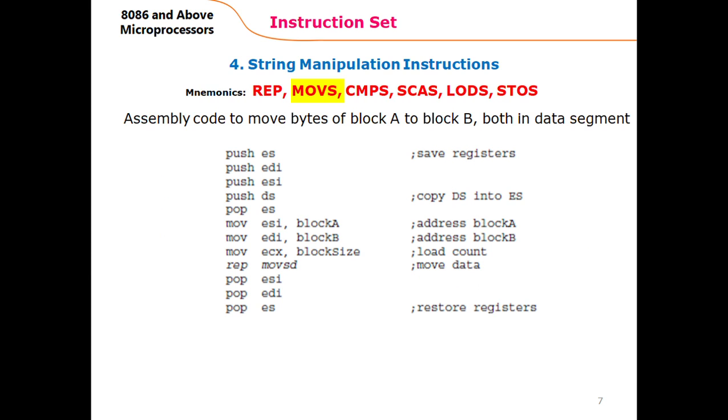Here we have a simple program or procedure that is responsible to move all bytes of block A to block B. So we have two blocks of string data, one represented with block A and the other represented with block B, and both of these blocks are defined in the data segment.